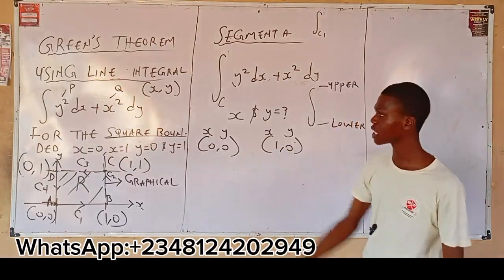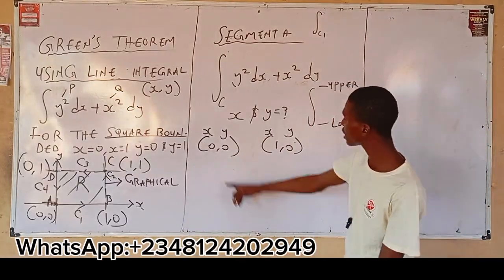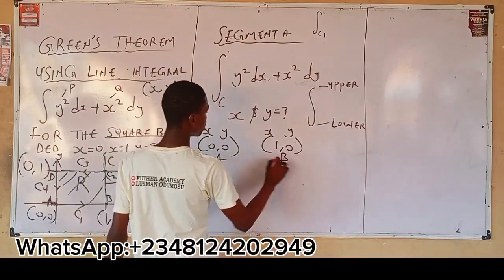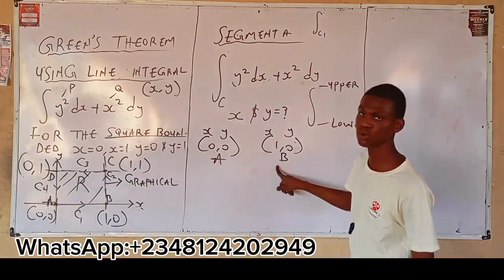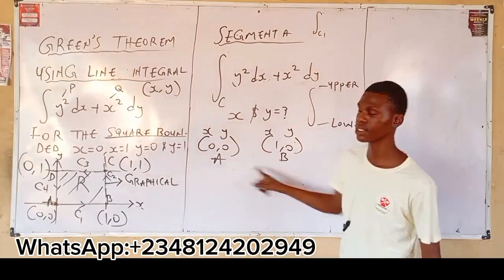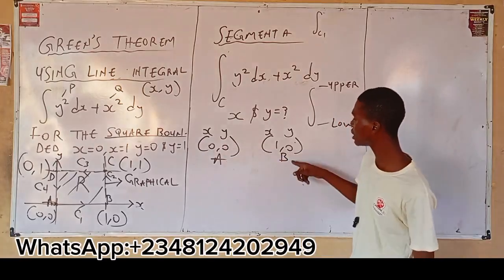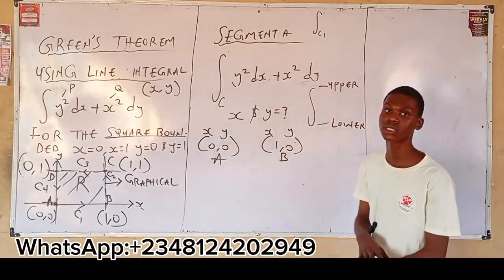For example 1, we've explained. Now, the next example. From here, you observe that from A, x is 0. For B, x is 1, meaning x is changing. For y, y is 0 at A, and y is still 0 at B, meaning y is not changing.